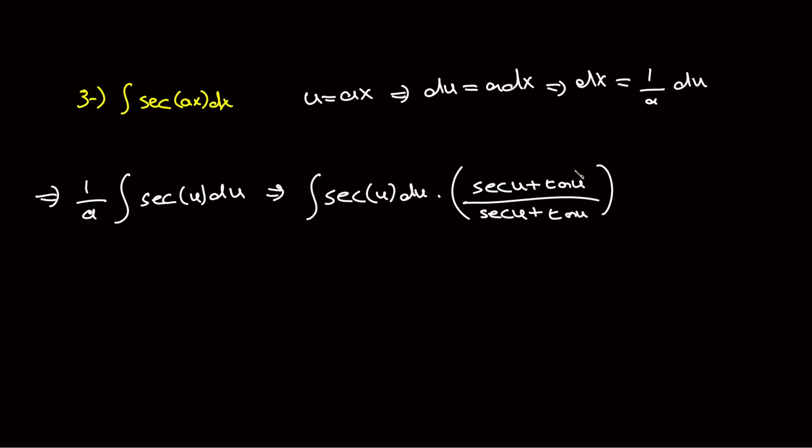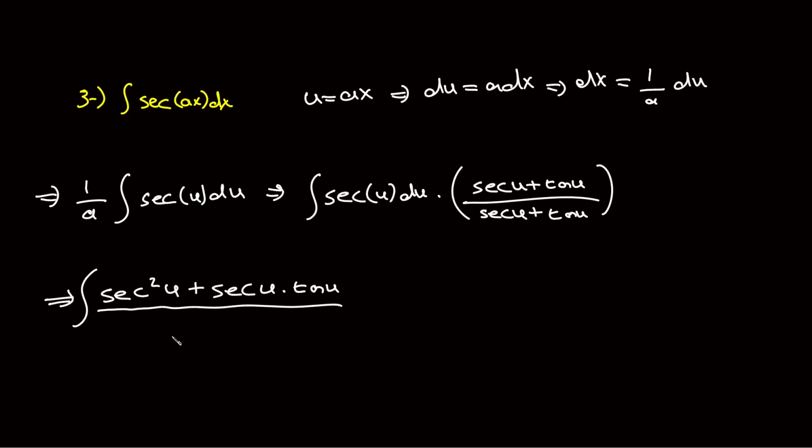I did not change anything because this is equal to 1. You might ask, why did you do this? Let's see why I did it. Now if I distribute, secant squared u plus secant u times tan u, over secant u plus tan u du.